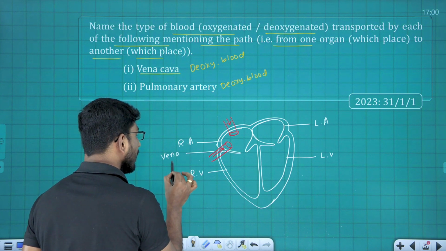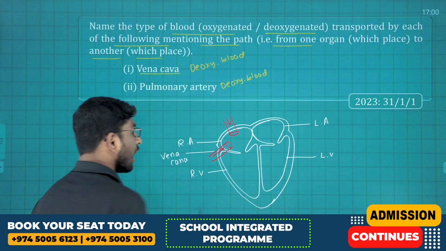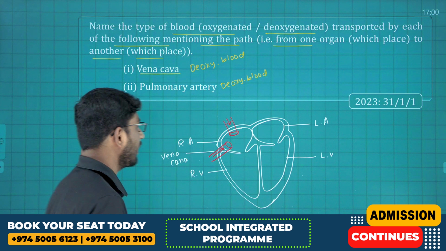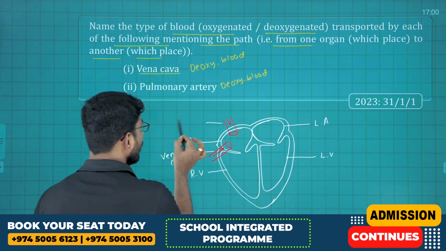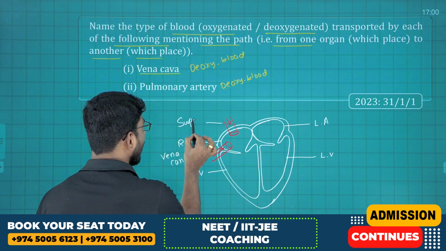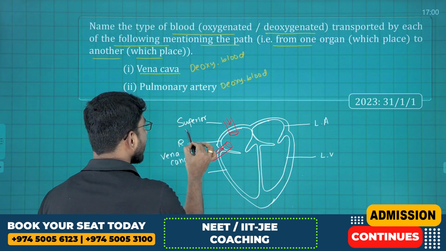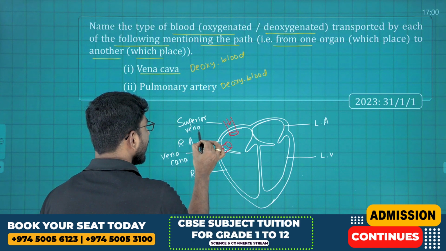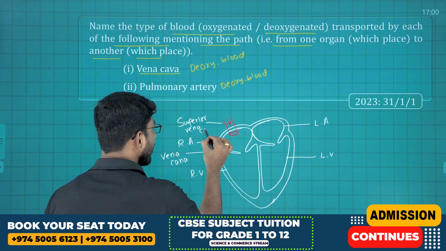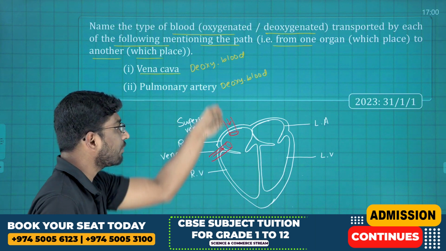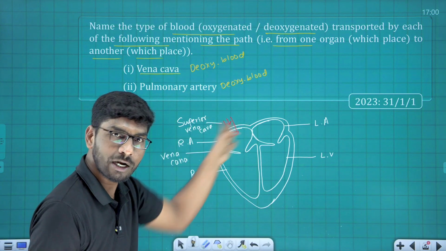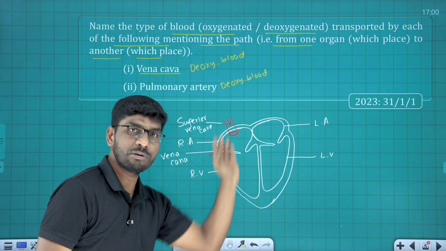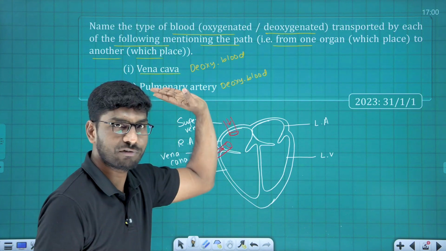Which vena cava? Inferior vena cava. What kind of blood is there? Deoxygenated blood. What is this one? Superior vena cava. This superior vena cava brings deoxygenated blood from the upper part of the body, and inferior vena cava from the lower part of the body, right?